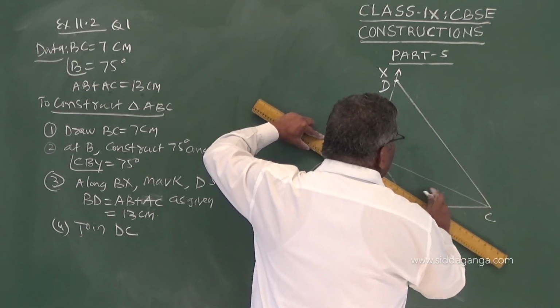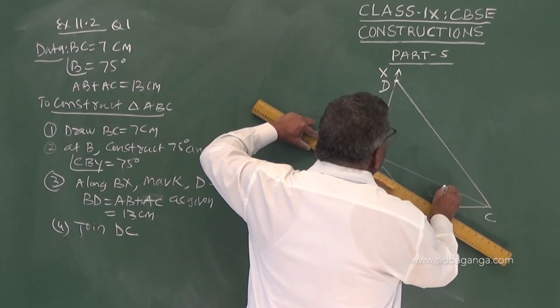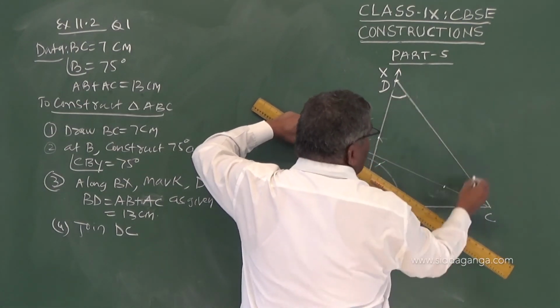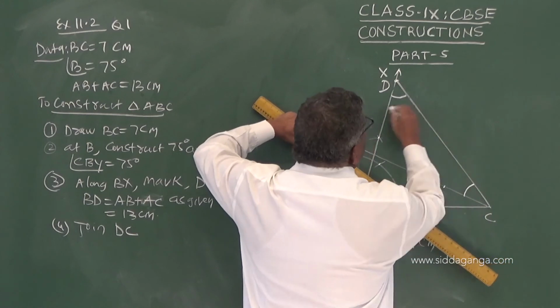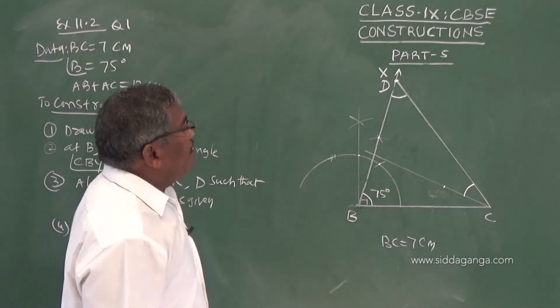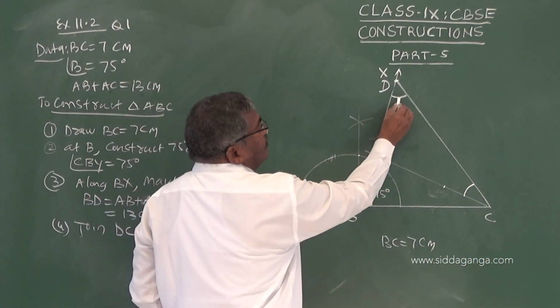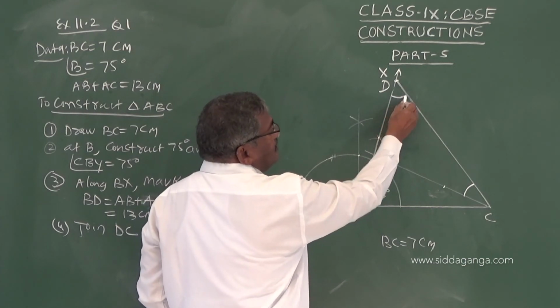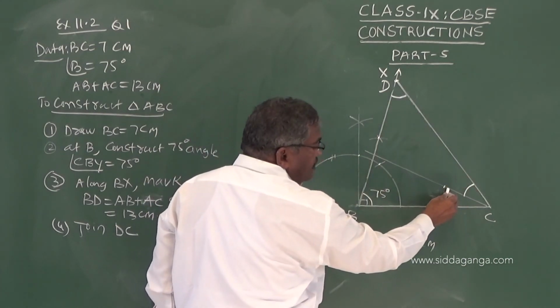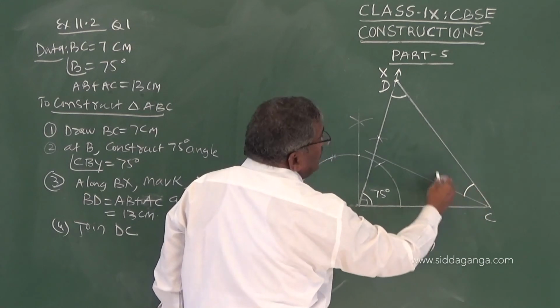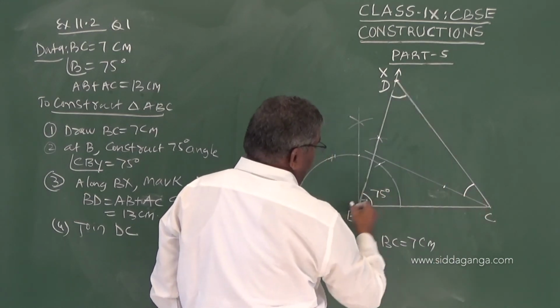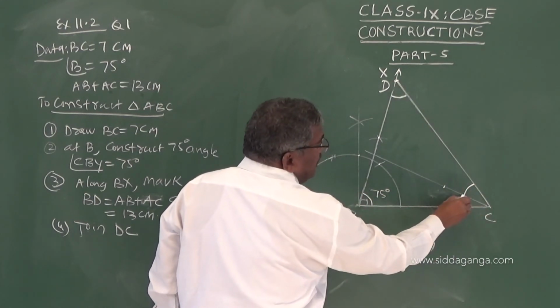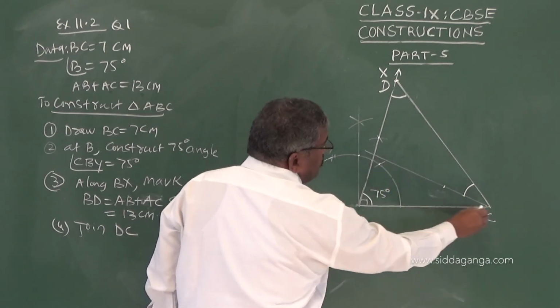So this angle is equal to this angle. These two are equal. Remember, we have to measure this angle using the protractor and construct the same angle in the DCB direction, and draw a line.